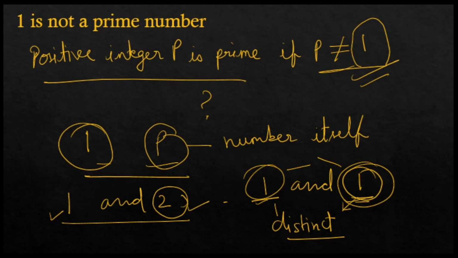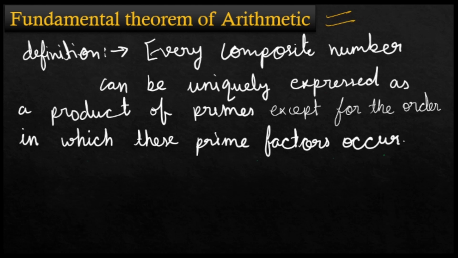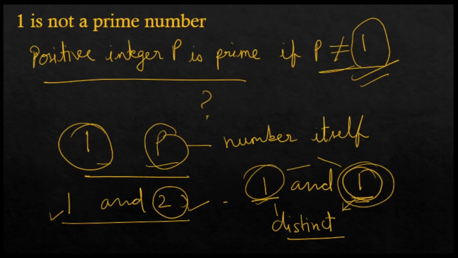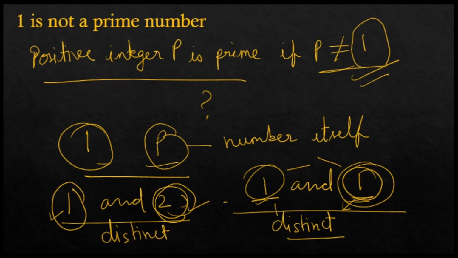Rule of what? According to the fundamental theorem of arithmetic, numbers are uniquely expressed. That means they are in their standard form. And the standard form of a prime number is that 1 and the number itself will be distinct. That's what 1 is not following here.